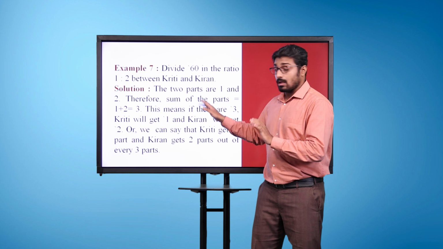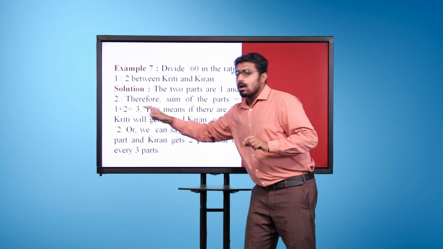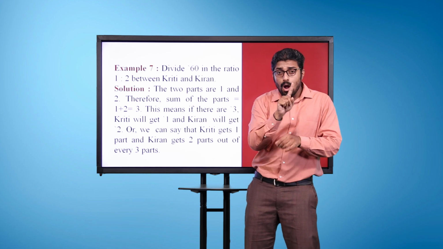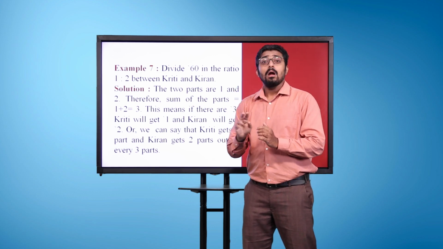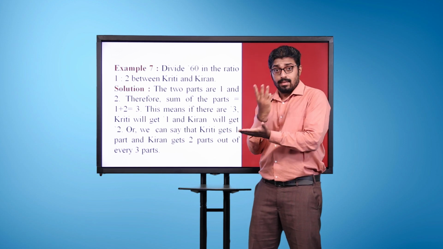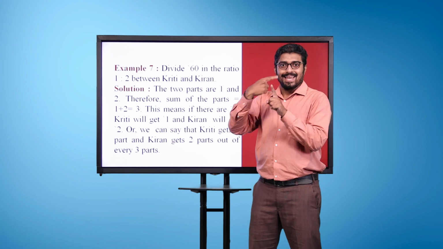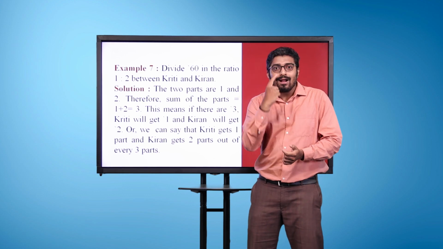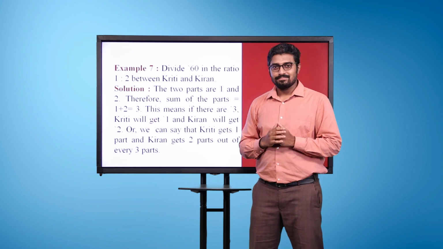The two parts are 1 and 2. Therefore, sum of the parts is equal to 1 plus 2 equal to 3. This means if there are 3 rupees, Kriti will get 1 rupee and Kiran will get 2 rupees. Or we can say that Kriti gets 1 part and Kiran gets 2 parts out of every 3 parts.